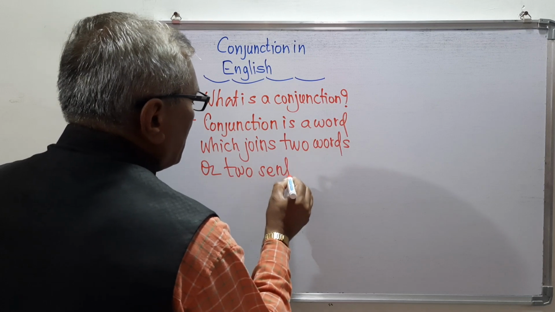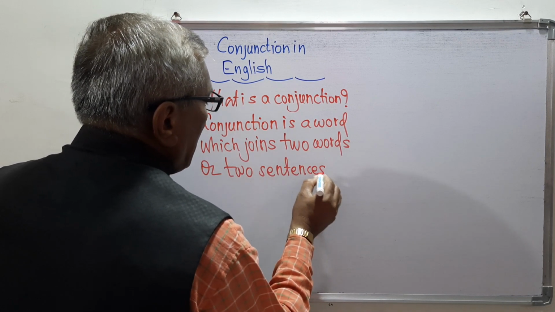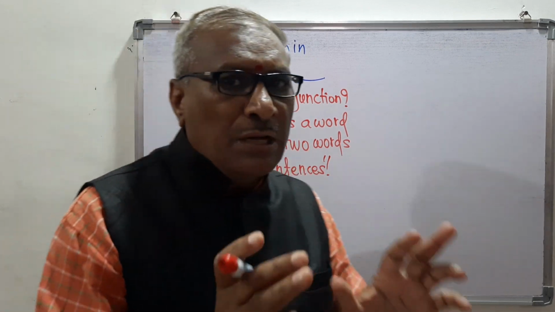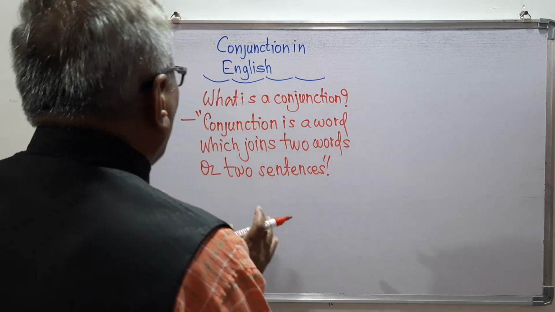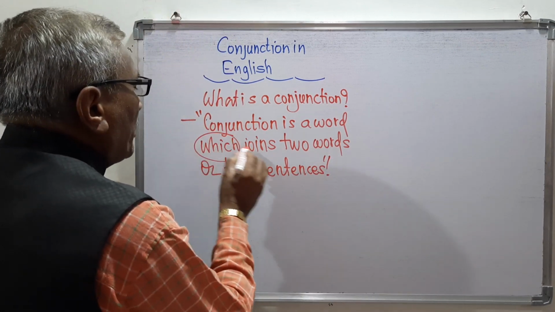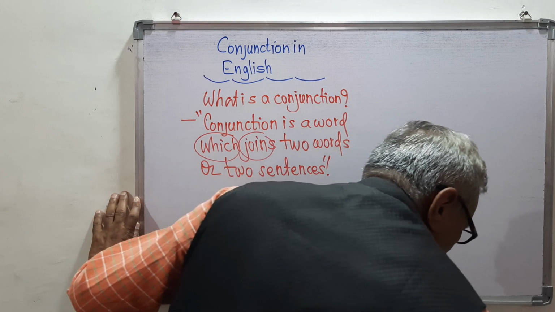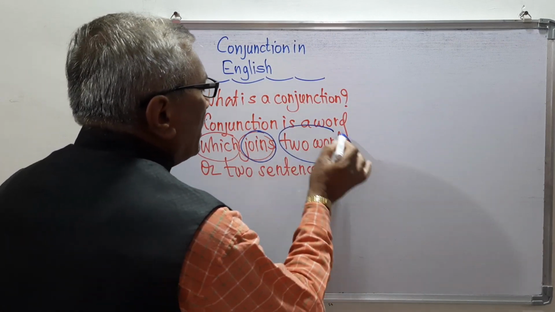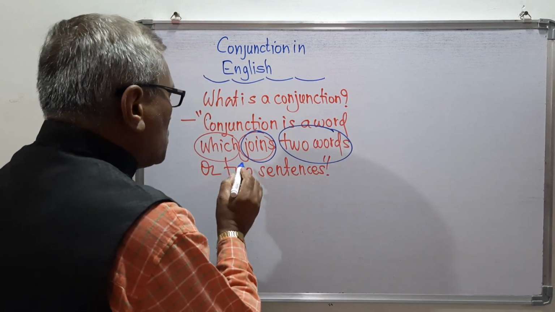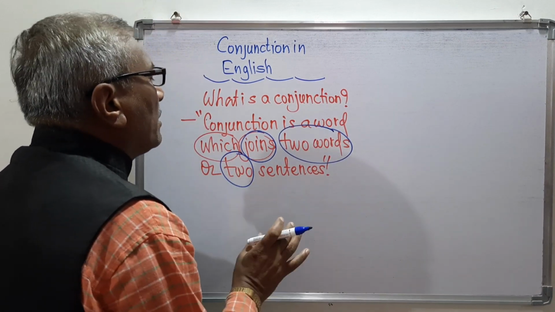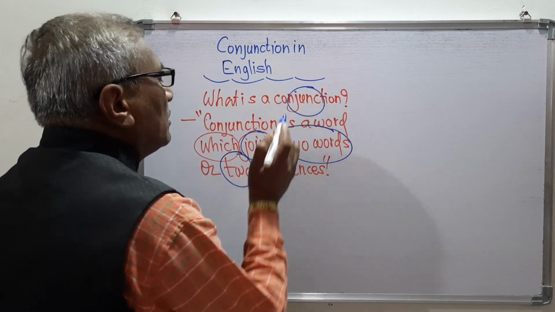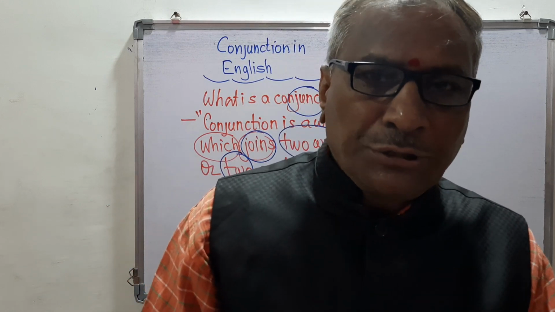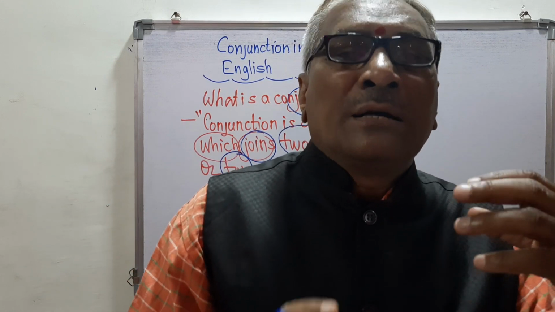Remember the definition: the conjunction is a word, and it joins two words in English and two sentences in English.